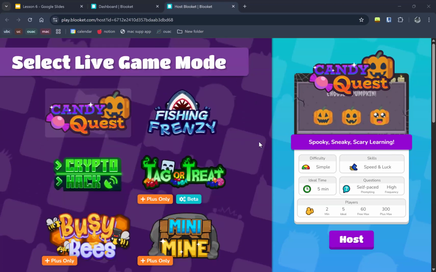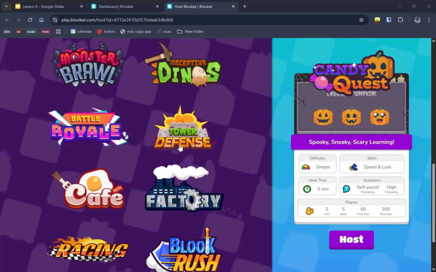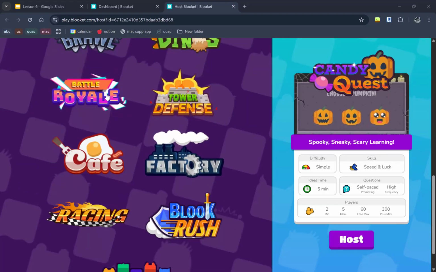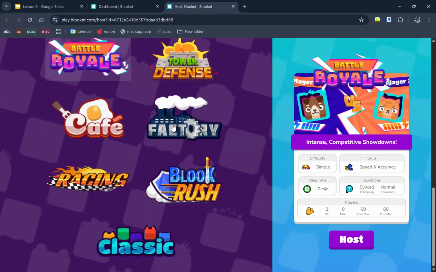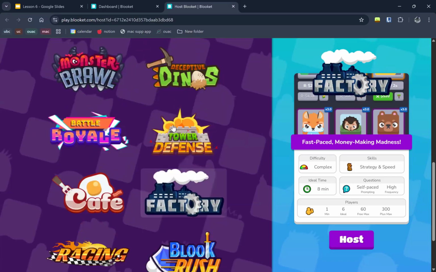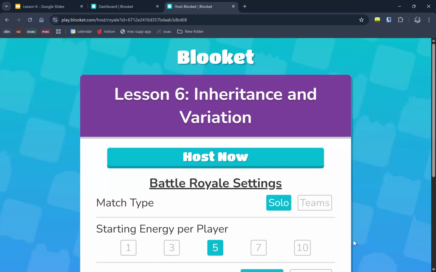Candy Quest, Battle Royale. If no one objects, I think we can do Battle Royale, because we haven't done that one before. We also haven't done Factory before. Battle Royale, okay. I see 2 votes for that. We will do that this week.